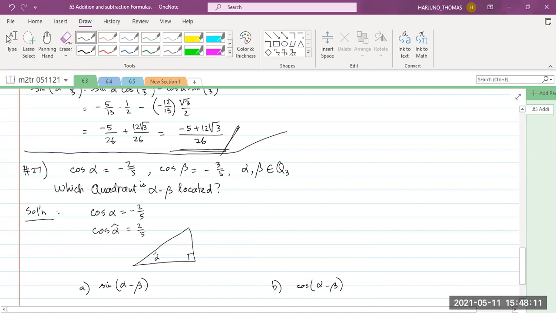Does it make sense? This is 2, this is 5, then this is square root of 21, right? 25 minus 4. Now for cosine beta, that's negative 3/5. So the cosine of the reference angle will be positive 3/5.